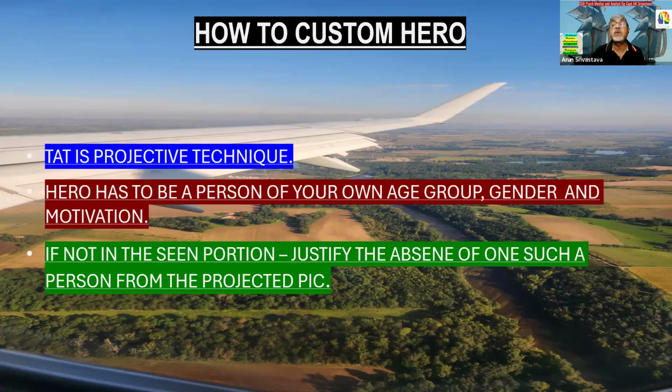That is what was my point. So if a person of your own age group and gender is not available, then in your scheme of a story, you have to justify the absence of a hero from that projected picture. Simple.